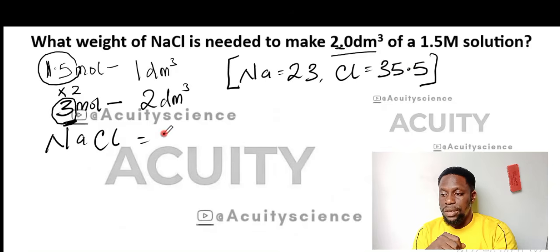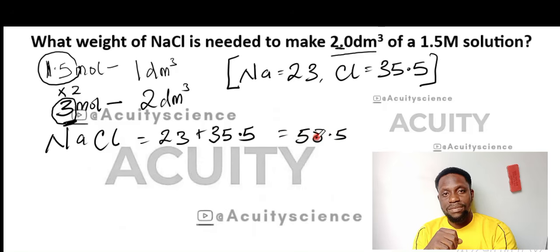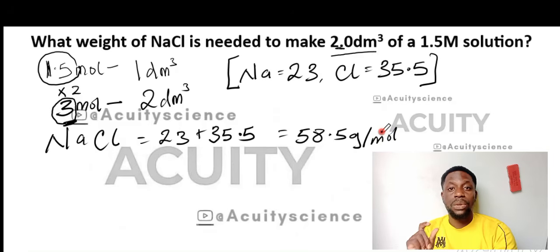So sodium chloride is 23 plus 35.5, and that equals 58.5 gram per mole. What this means is every single mole of sodium chloride will have a weight of 58.5 grams.